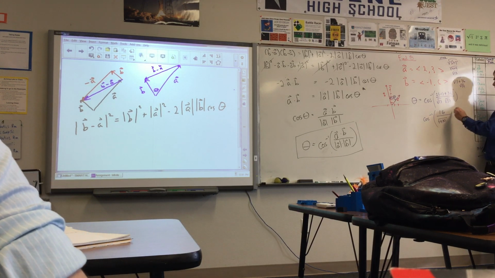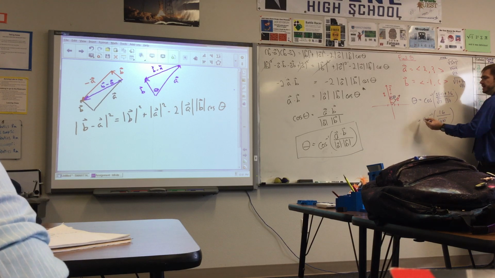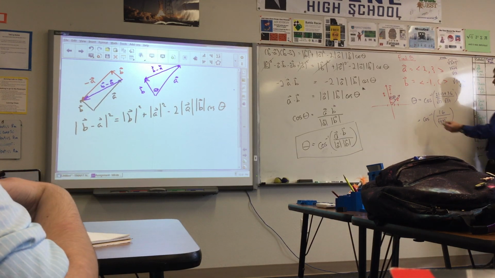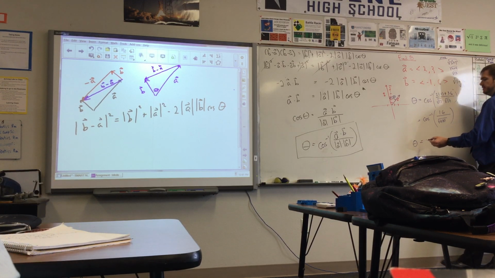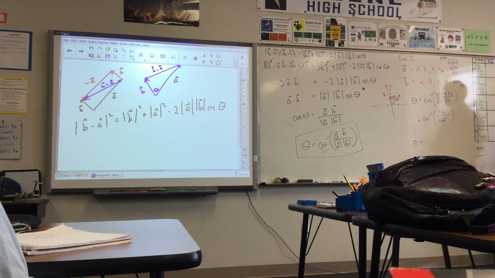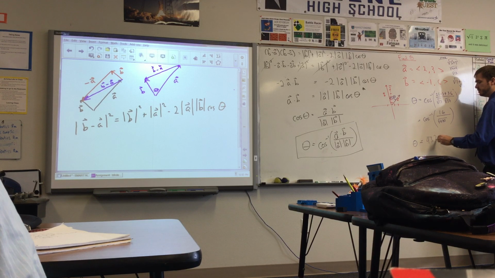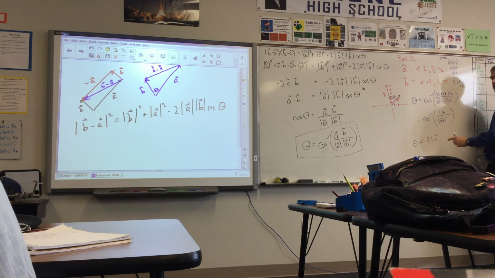Let's just go ahead and do that in our calculator and see if we get a realistic answer. Inverse cosine of 16 over root 481 is 43.2 degrees.